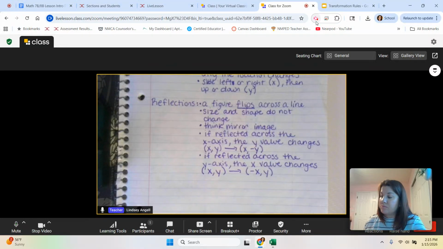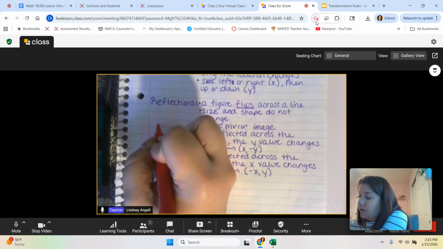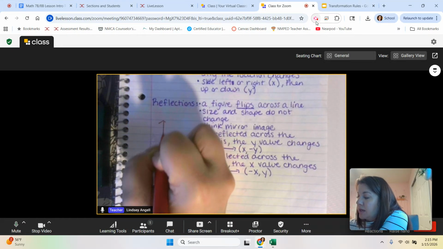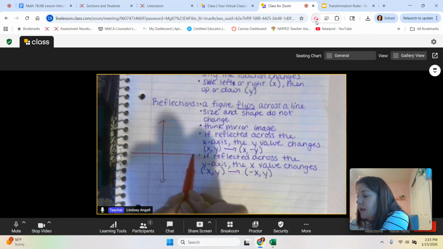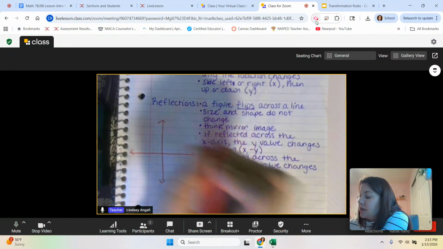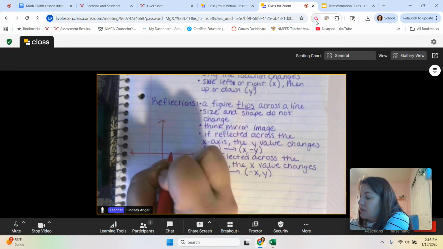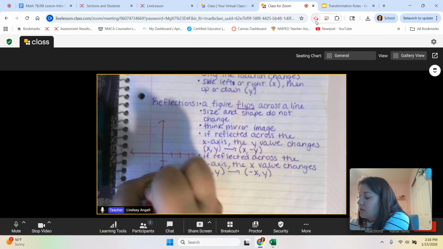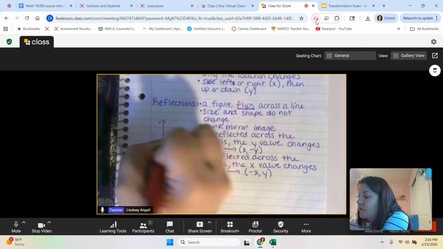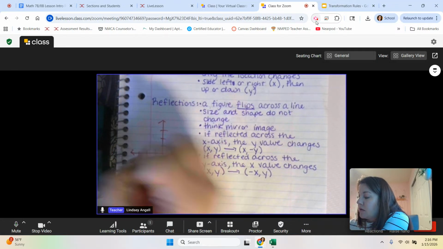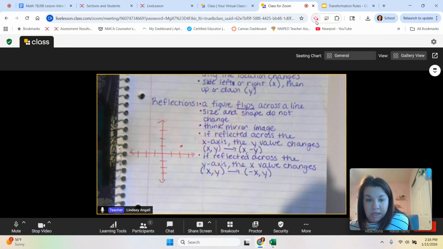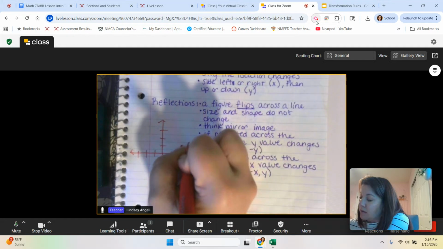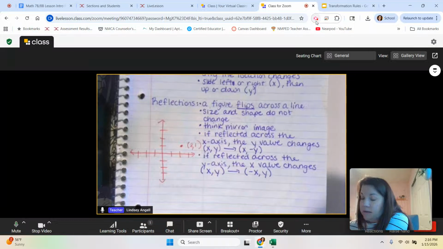So just a quick example. I didn't include other examples of reflections. I feel like you guys have a pretty good handle on these. But let me just draw a super fast graph. Let's say we have this point here, which would be (2, 1).